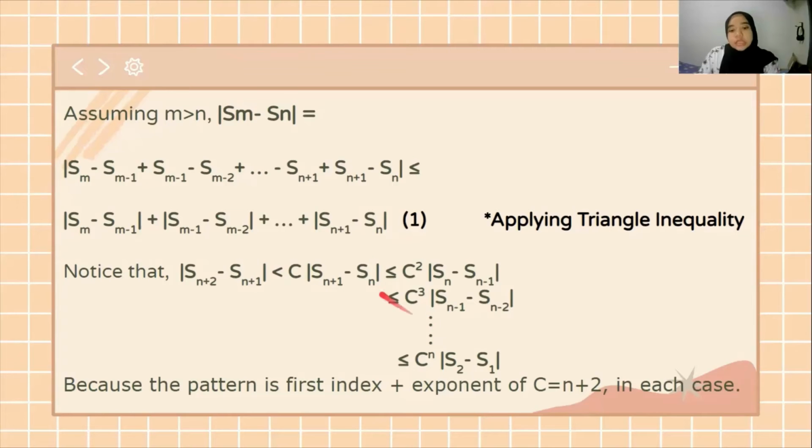So as you can see, the power of the constant keeps getting bigger, until we get the last equation, which is less than or equal to c to the power of n with modulus of sequence number 2 minus sequence number 1. Okay, so because of the pattern, the first index plus the exponent of c equals n plus 2 in each case. Okay, next.